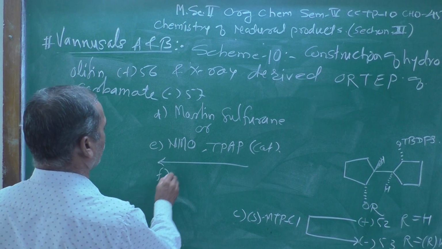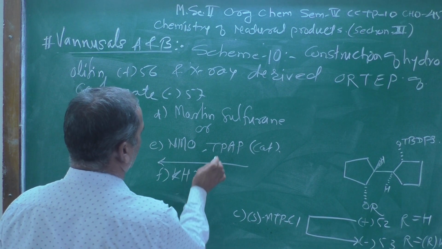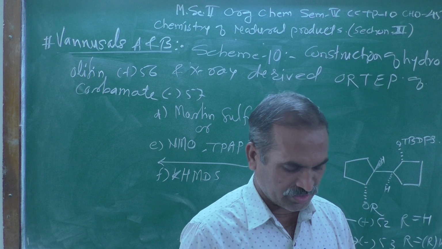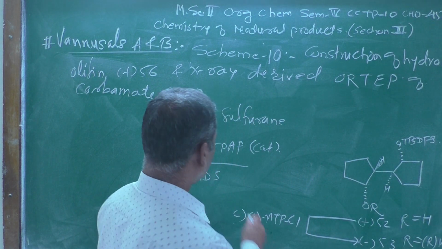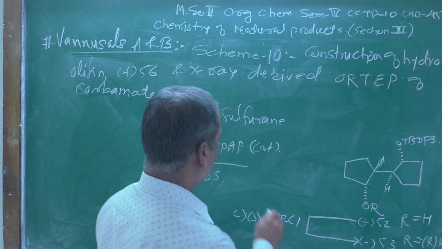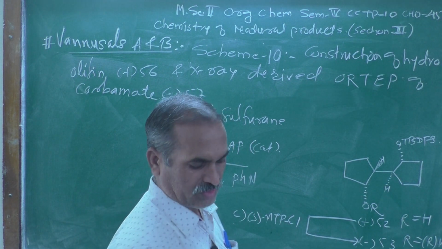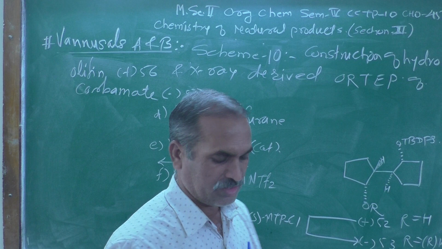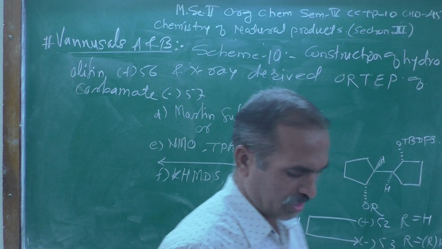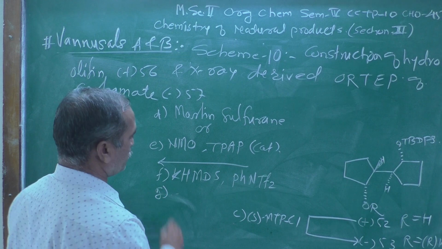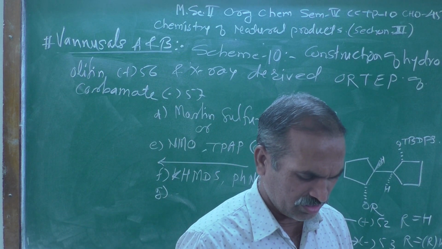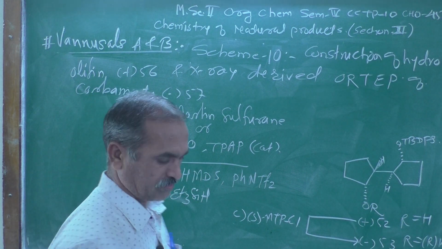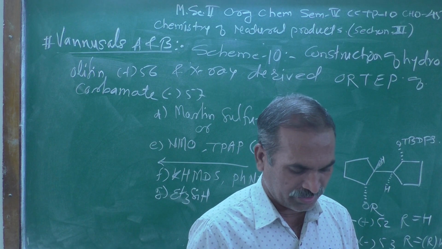Then F, KHMDS, as a reagent used here, followed by PhNTf2, and the next reagent used here is G, that is Et3SiH, triethylsilane.